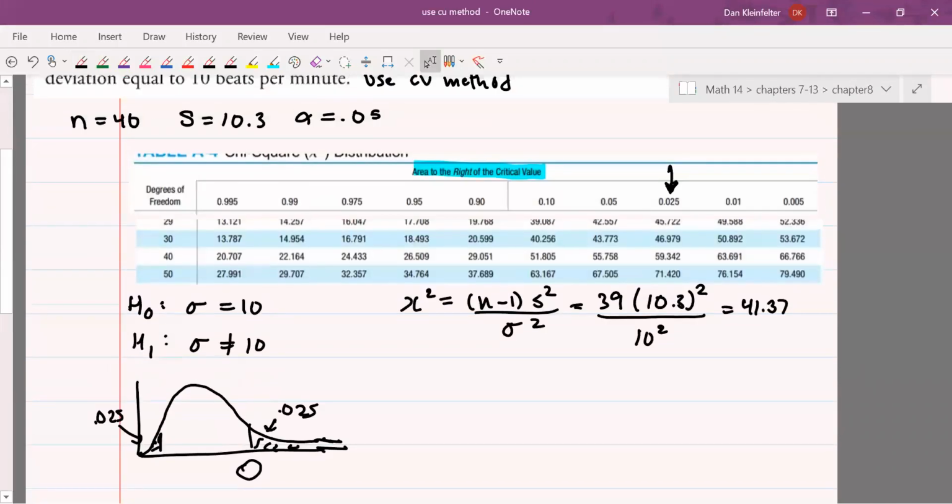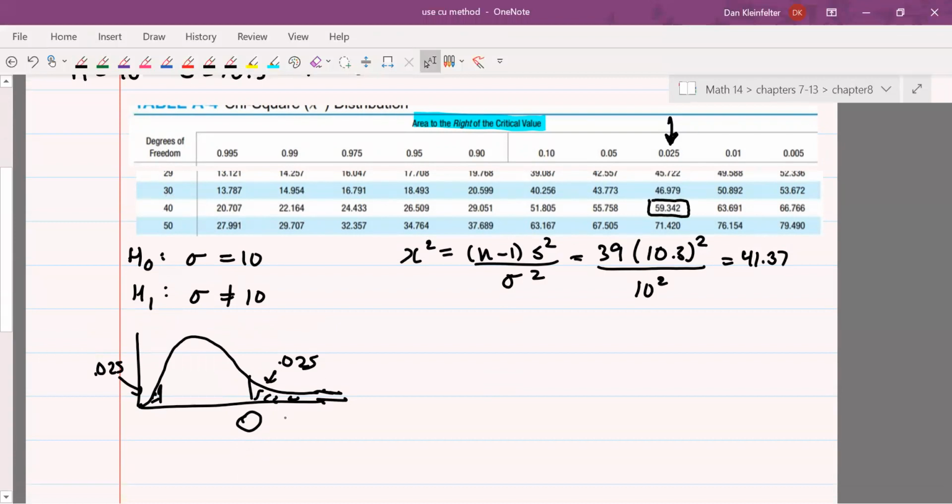Our n minus 1 is 39, and I don't have a 39. So rather than taking the mean of the rows for 30 and 40, I'm just going to use 40 because it's closer, and the difference shouldn't be enough to affect our ultimate decision. That gives 59.342.